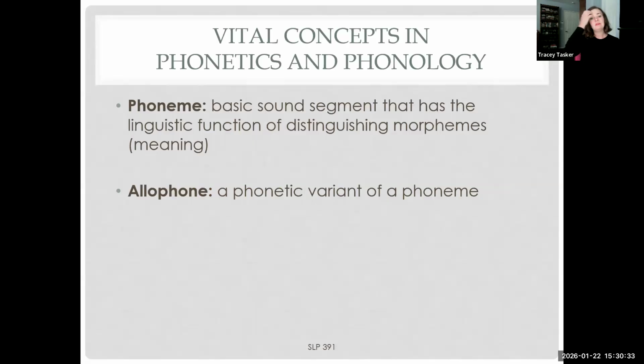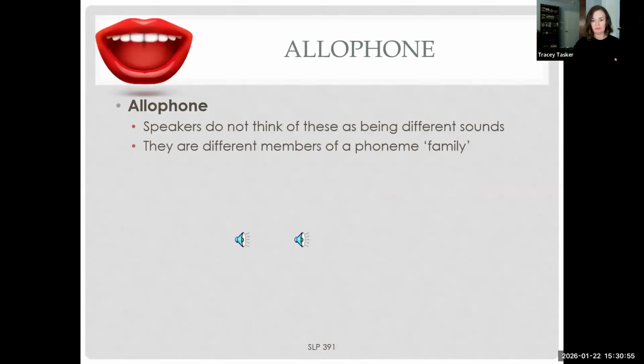Okay, so we've talked about the phoneme, that basic sound segment that distinguishes one sound from another. And then allophones, again, it's a variant of a phoneme, but you still recognize the sound. So let's talk about this with some examples.